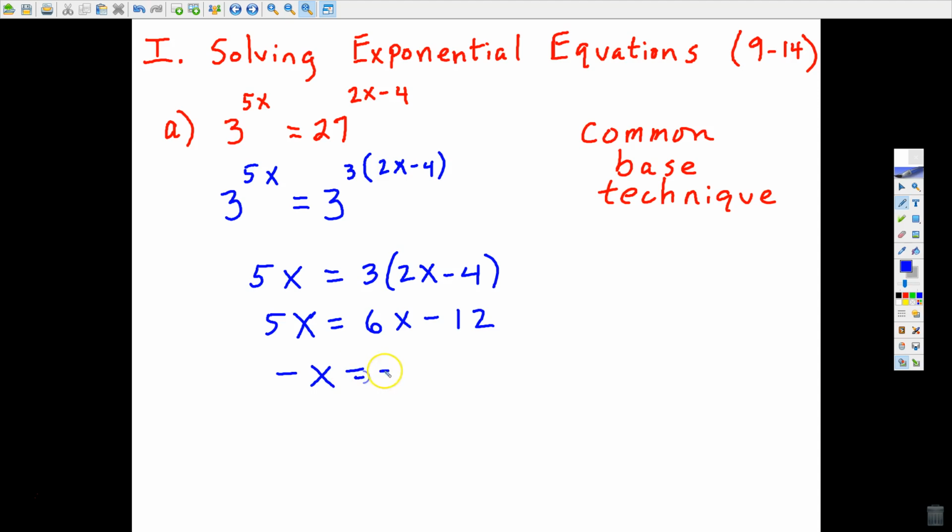Negative x is negative 12, so positive x is positive 12, and that is my solution. So the great thing about this is, once you get to common bases, you're essentially solving the exponents. You're letting the left exponent equal the right, and you solve it. But you can't do that until you get to this common base line. And that's going to be your goal, finding that number that represents the common base.